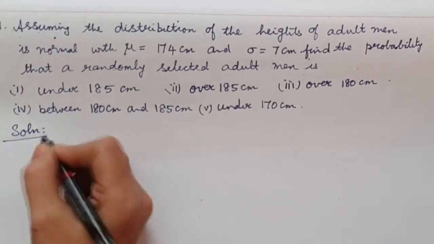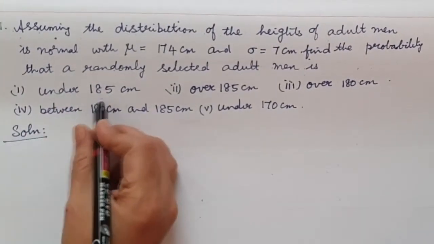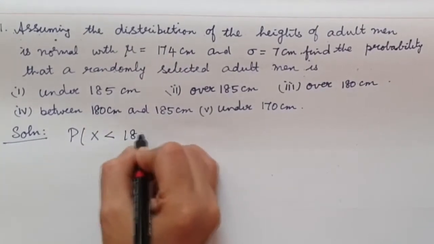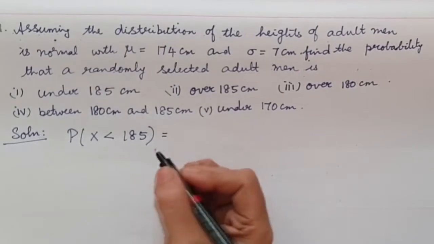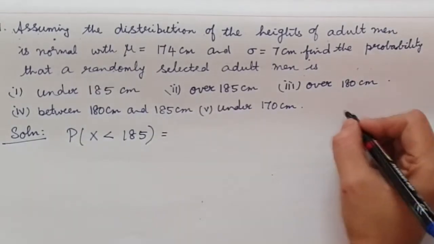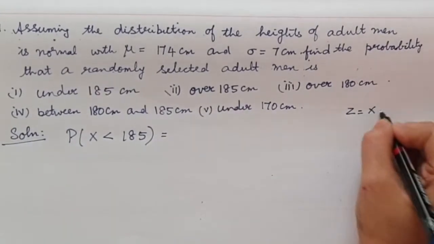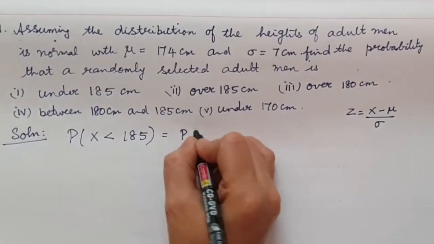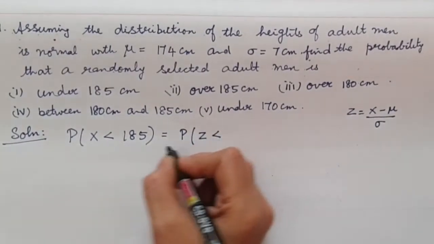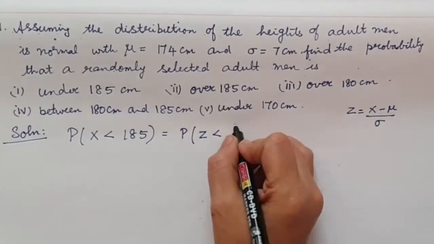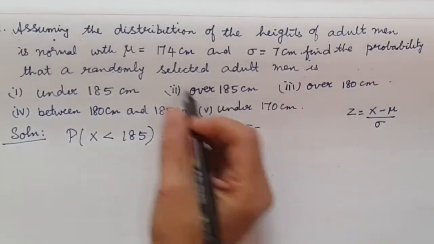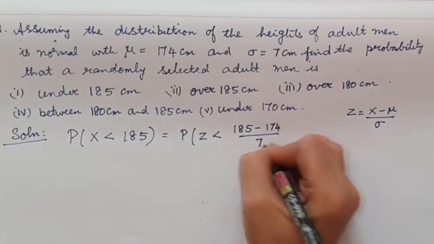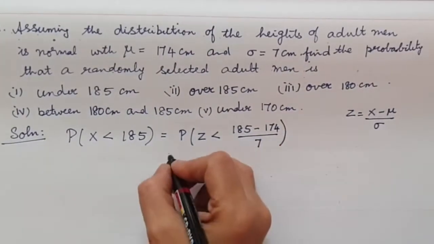Now the solution for the first question: under means less than. So probability of x less than 185. We standardize this using the formula z equal to x minus mu over sigma. So it will be probability of z less than, the value for x is 185, 185 minus our mu value of 174, over the sigma value of 7.